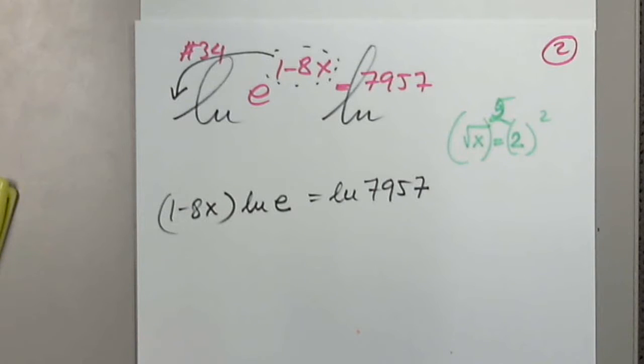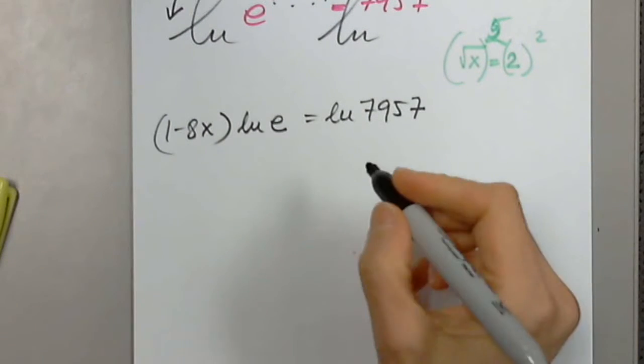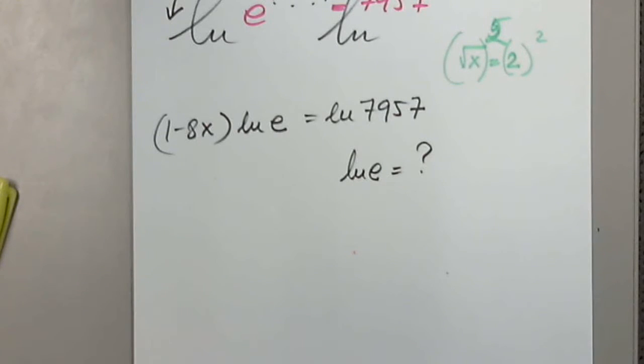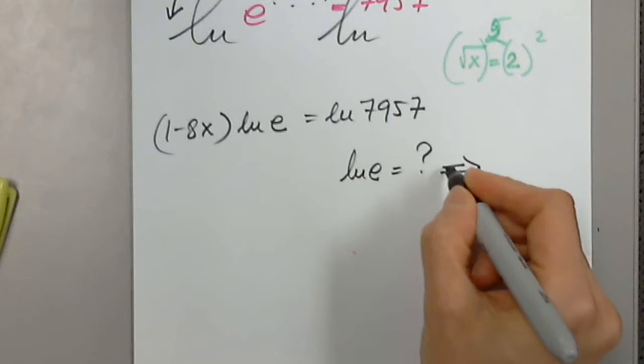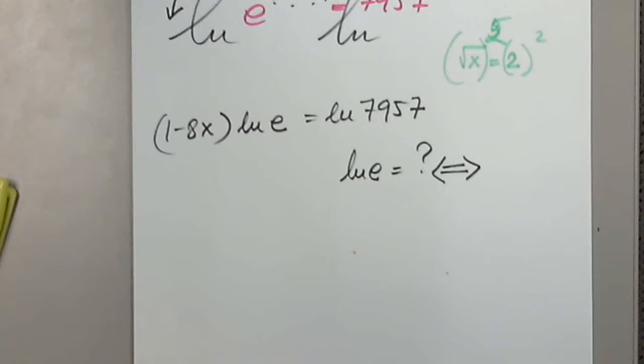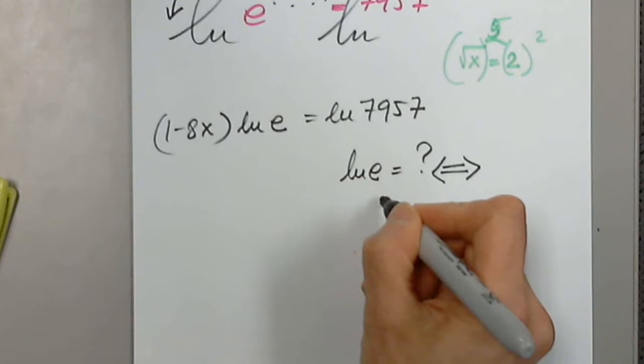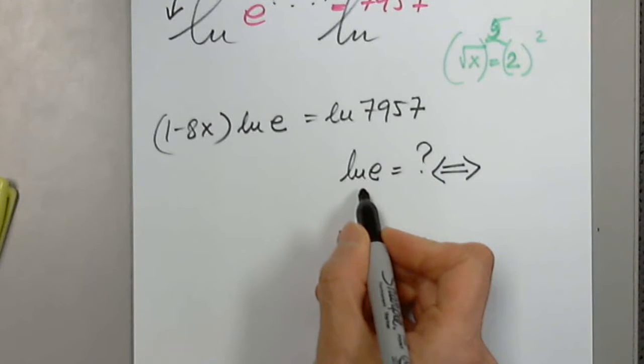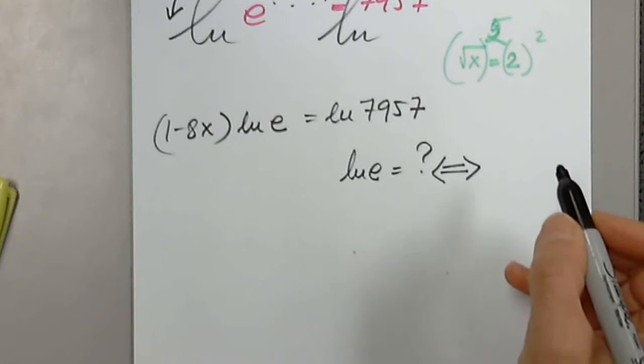Okay, so let's see how much is natural log e. This is a number that I don't know what it is, but I know that this is a logarithmic equation and I can change it into an exponential equation. Always start with the base, counterclockwise. What is the base of ln, or natural log? e, indeed.